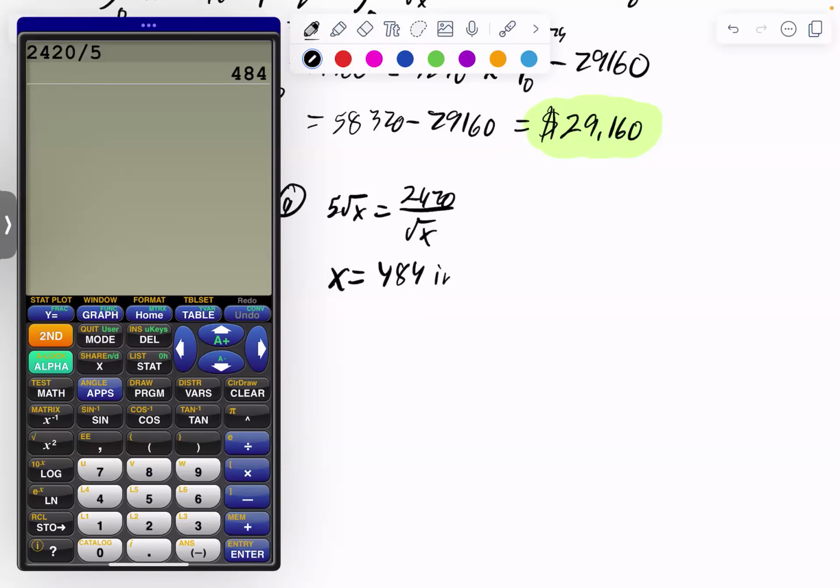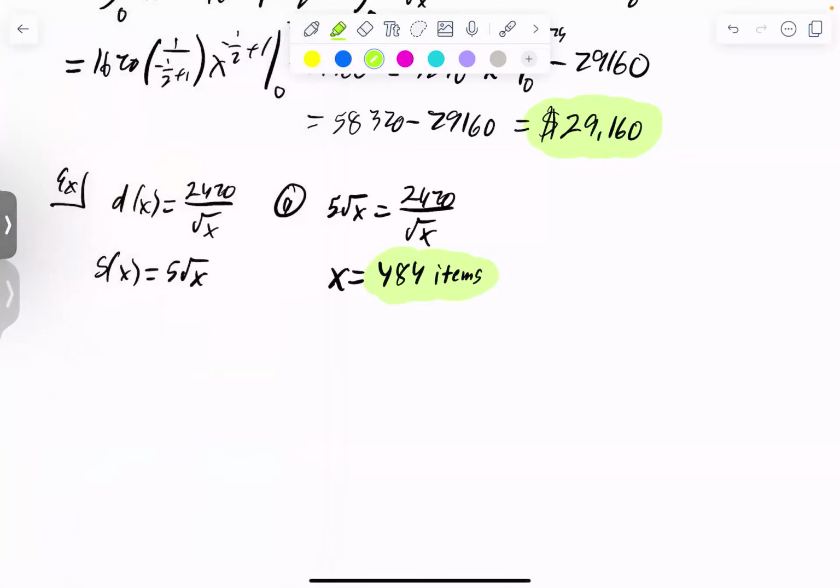And here is my equilibrium, 484 items. And now we want to find out what is the producer surplus.